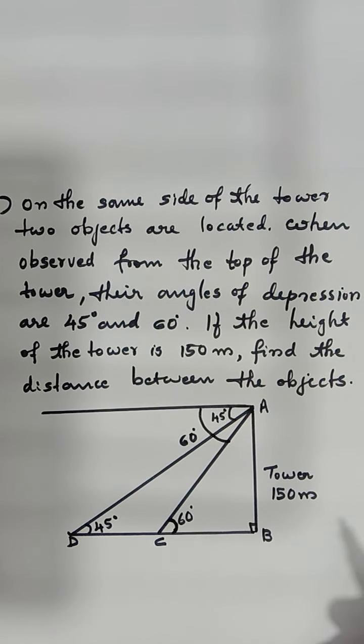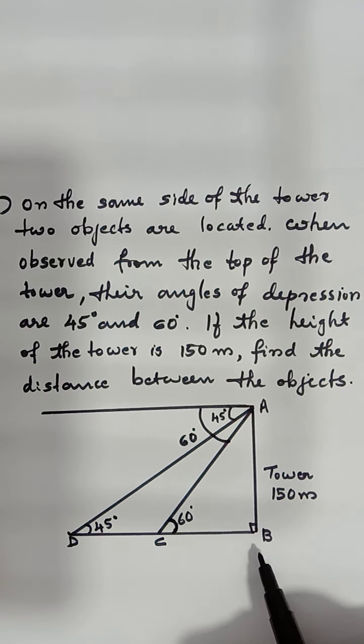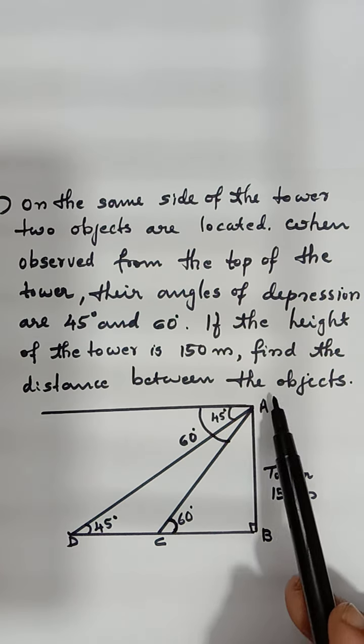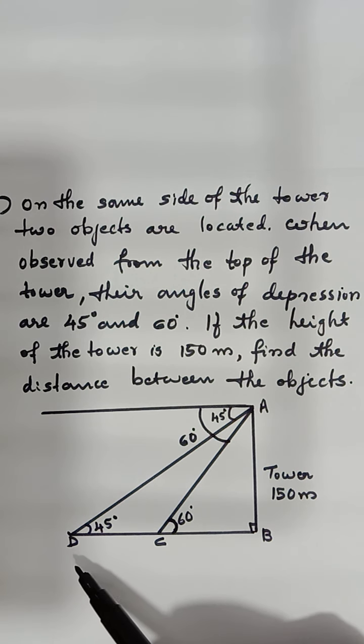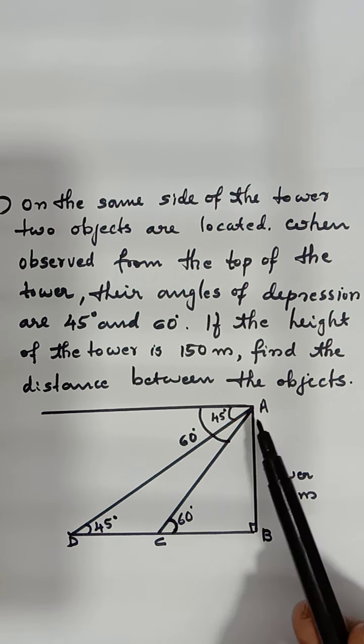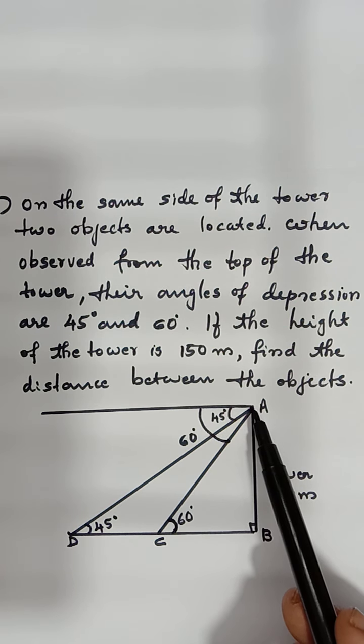Okay, this is how we can draw the figure. AB represent the tower. So let AB be the tower of height 150 meter, and two objects are located on the same side of the tower. The objects are C and D. And we are observing from the top of the tower.